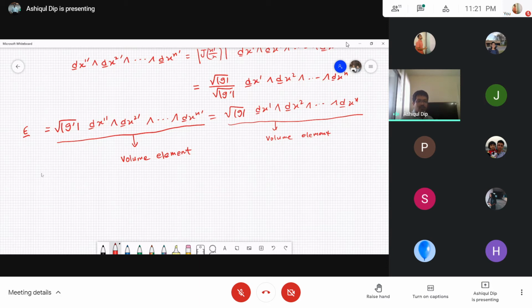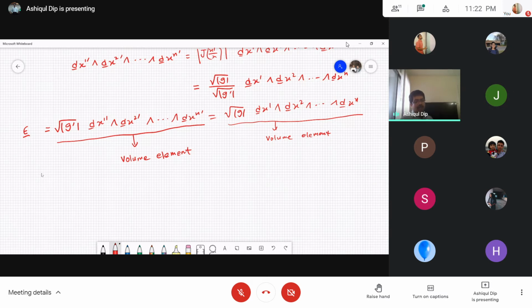Do you have any questions so far? Does that volume element have the dimension of volume? Yes, it has the dimension of volume, or length, or area, depending on the dimension.